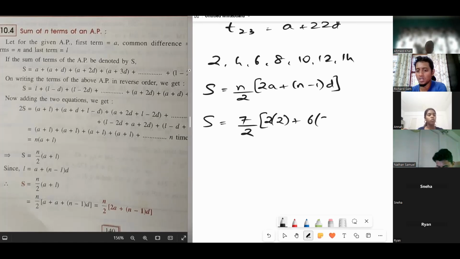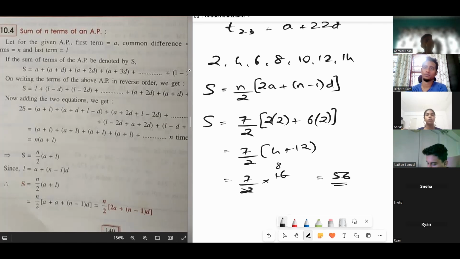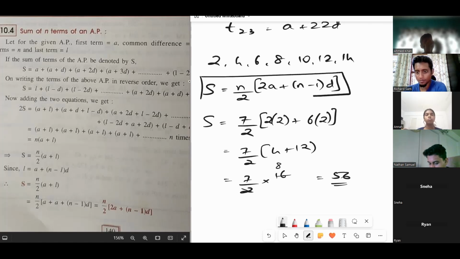Difference is 2. So that is 7 upon 2 into 2 2s are 4 plus 6 2s are 12. So 7 upon 2 into 6 plus 12, 4 plus 12 is 16. 7 8s are 56. If you want, you can confirm it by just adding all these and seeing if you're getting 56. Do you all understand this formula? Write it down and learn it.